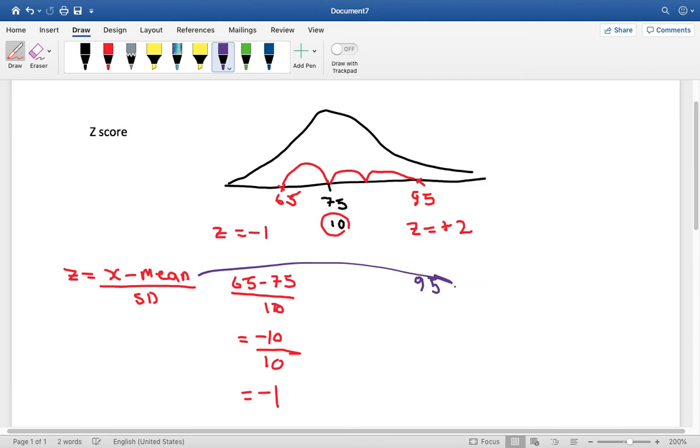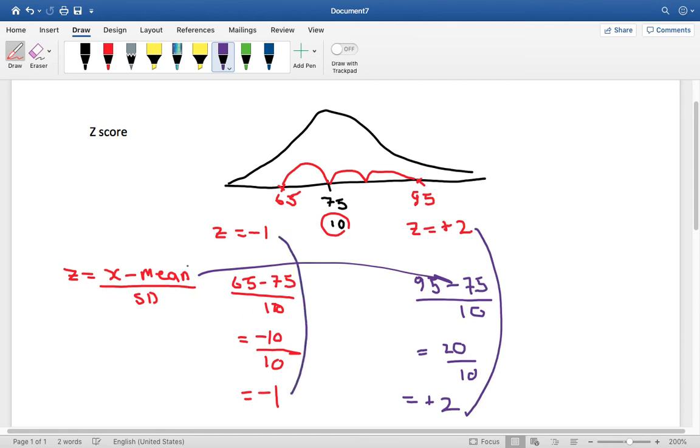We subtract the mean, which for this class is 75, and divide by the standard deviation, which is 10. 95 minus 75 is equal to 20. Plus 20 over 10 is equal to plus 2. And that's exactly the same value as we had here.